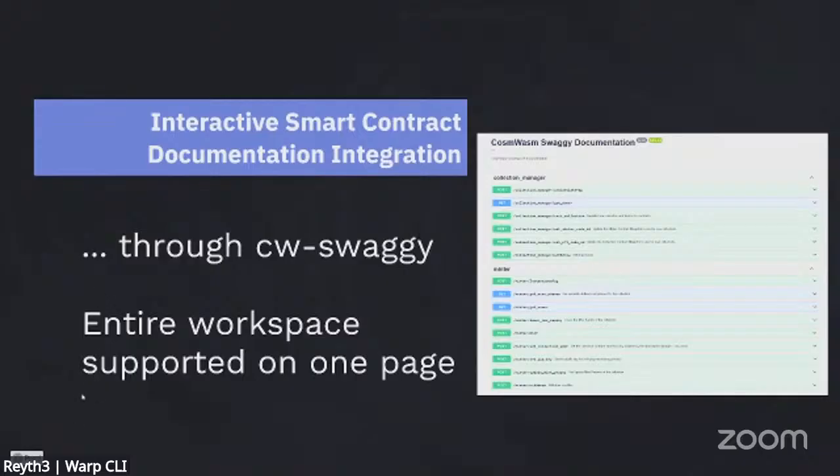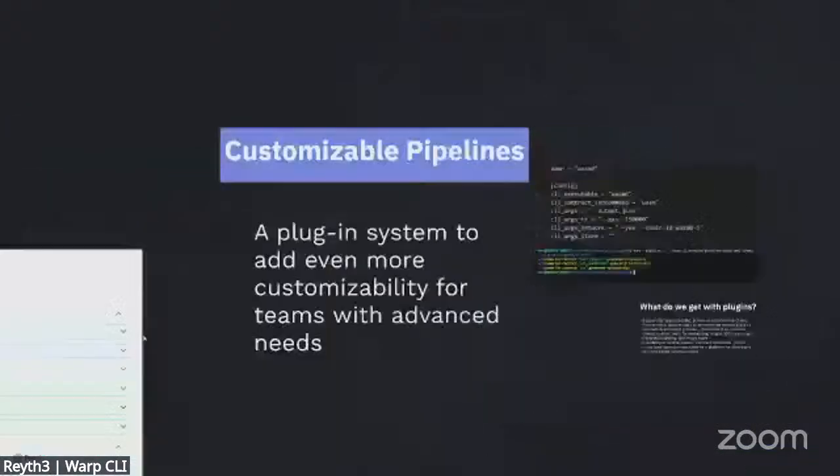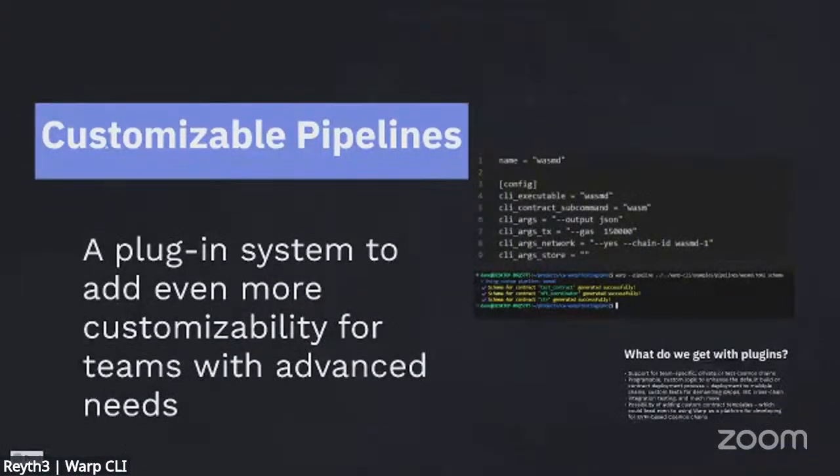This was previously possible with a separate project that I was working on, but now CW Swaggy was integrated fully into Warp CLI as a plugin. So that helps with documentation of your smart contract.